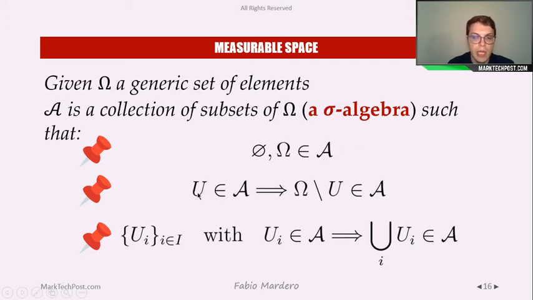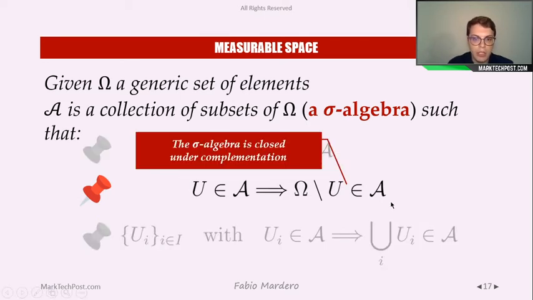Then, if we take a set inside the sigma algebra, then the complement, omega minus this set, should also stay inside the sigma algebra. Then, if we take a collection of subsets U_i, and each of them lies inside the sigma algebra, then the union of those sets should also stay inside the sigma algebra.